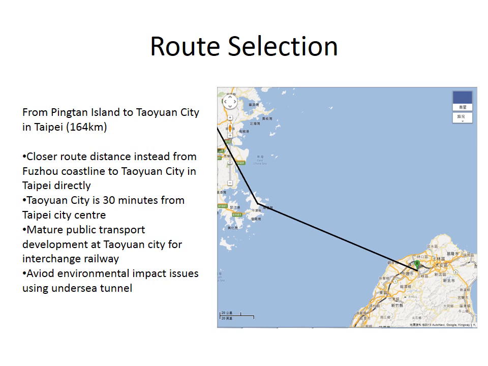Taoyuan city is 30 minutes away from the Taipei city center, which has mature public transportation. It is being developed with a further interchange railway if necessary. It also avoids environmental impact issues caused by using the undersea tunnel.